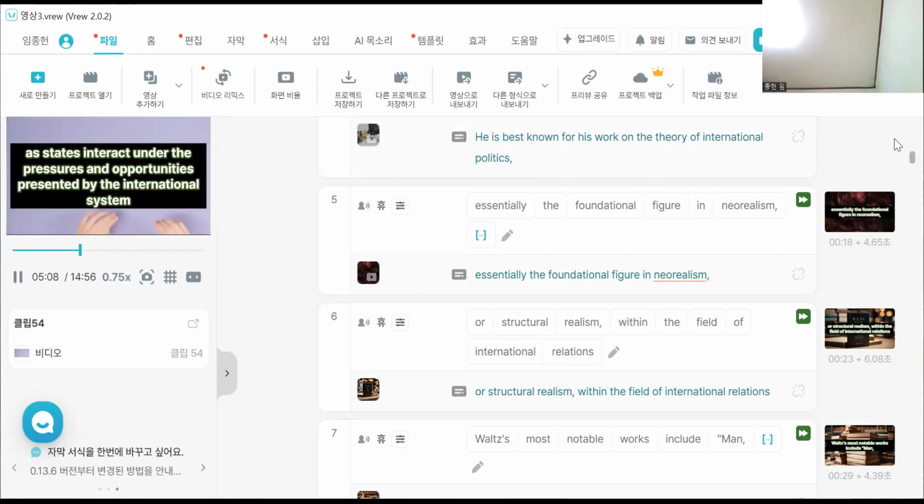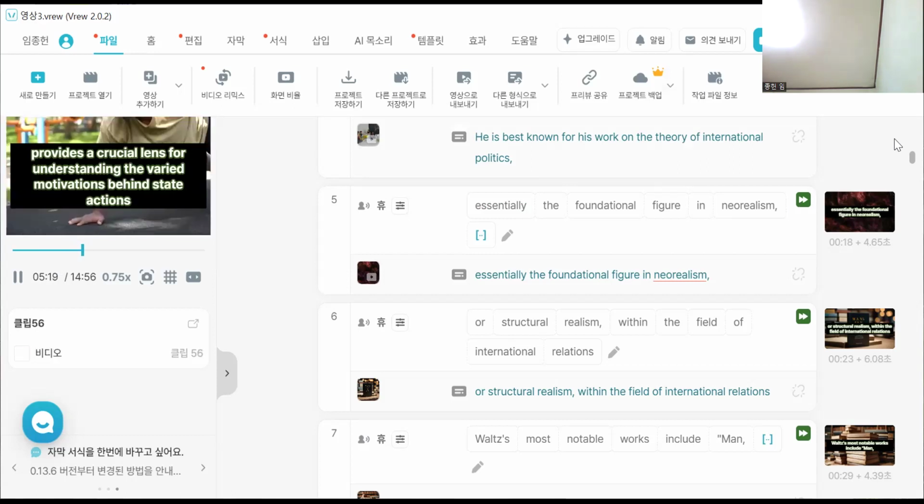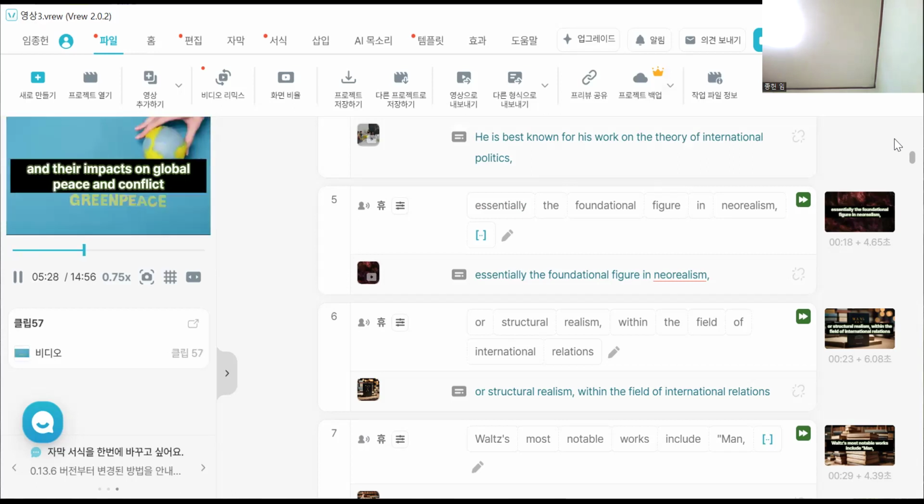As states interact under the pressures and opportunities presented by the international system, Waltz's exploration of the state structure provides a crucial lens for understanding the varied motivations behind state actions and their impacts on global peace and conflict.